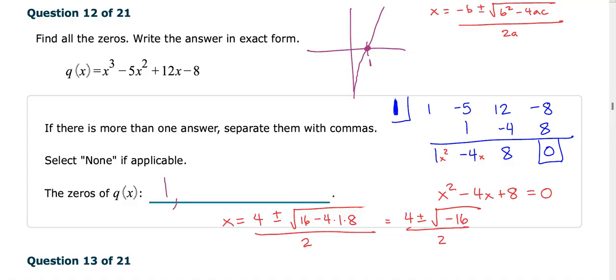The square root of negative 16, to get rid of the negative, you have to pull out an i. The square root of 16 is 4, so that's 4i over 2. So I get 2 plus or minus 2i. So my zeros are going to be 1, 2 plus 2i, and 2 minus 2i. Remember that complex roots occur in complex conjugate pairs. So the 2 plus 2i and the 2 minus 2i are complex conjugate pairs.